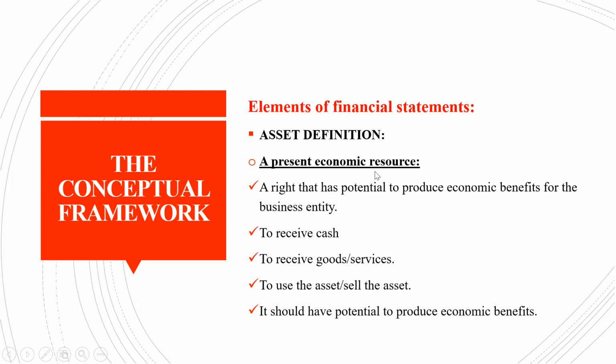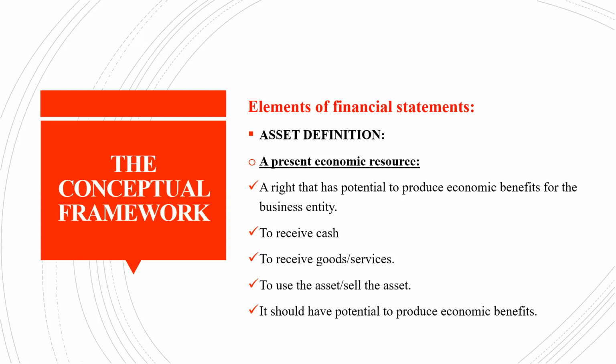So if it's an economic resource, these are the things that an economic resource is supposed to produce at the end of the day. If there's a possibility of us receiving money, if there's a possibility of us receiving goods or services, if there's a possibility of us being able to use the asset or to sell the asset, then it means we've got an economic resource that is in place.